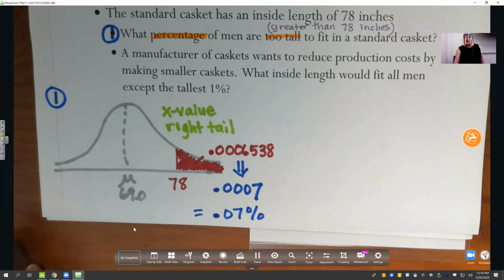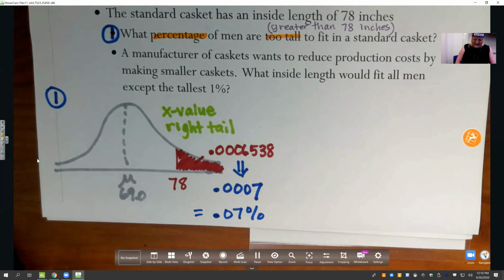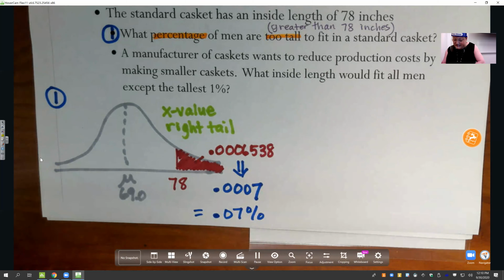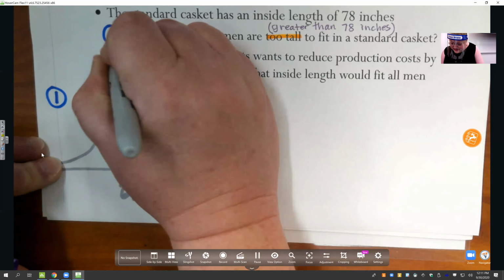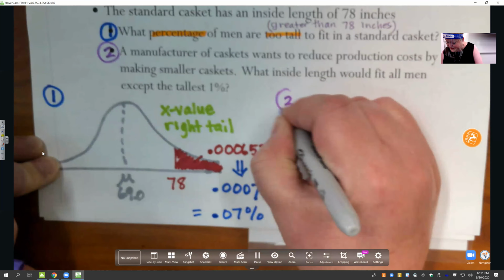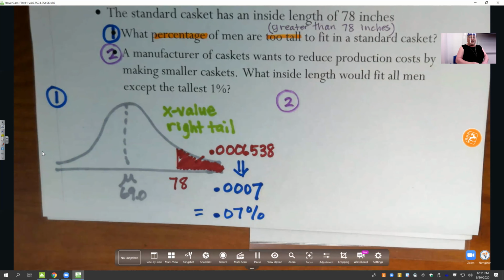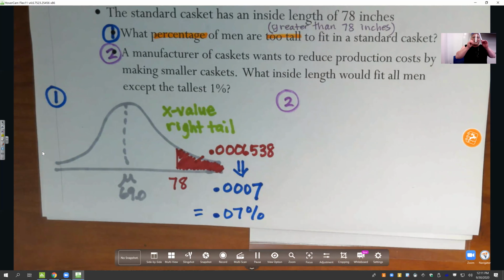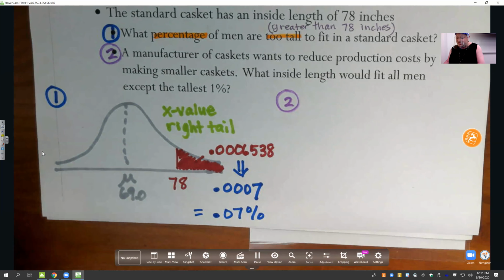Okay, but then question 2 says, let me see if I can get through it, I got 5 minutes. The second question here says, a manufacturer of caskets wants to reduce production costs by making the casket smaller. What inside length would fit all men except the tallest 1%?